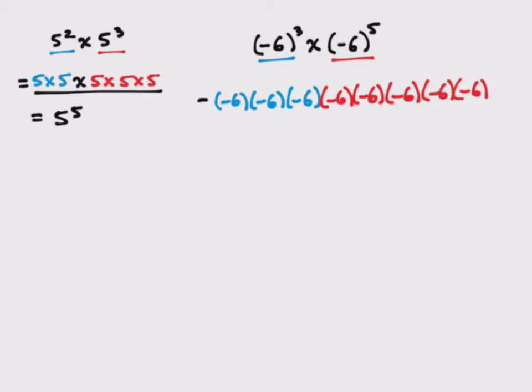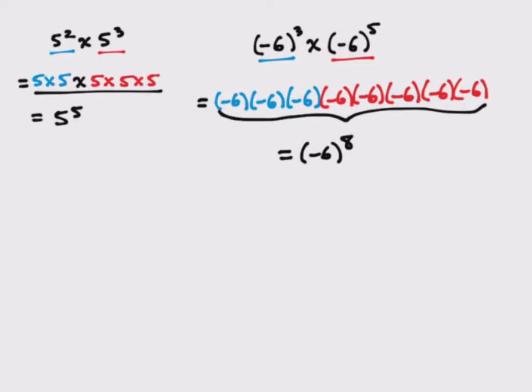And so, we see that when we rewrite these two exponential terms using the definition of an exponent, we end up with 8 negative 6's being multiplied by one another. And we know how to write that. That's just negative 6 to the 8th power.